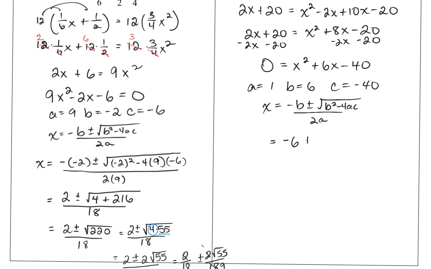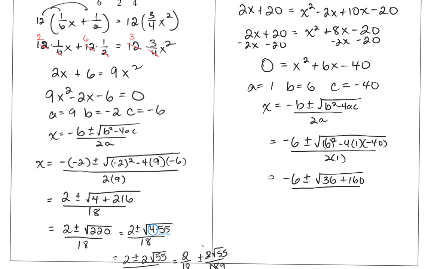So negative 6 plus or minus the square root of 6 squared minus 4 times 1 times negative 40 all over 2 times 1. Negative 6 plus or minus the square root of 36 plus 160 over 2.